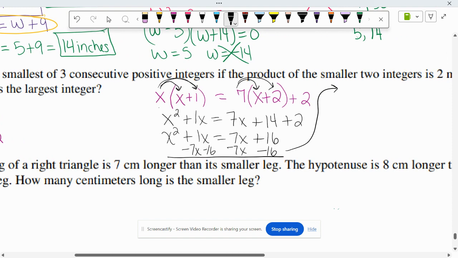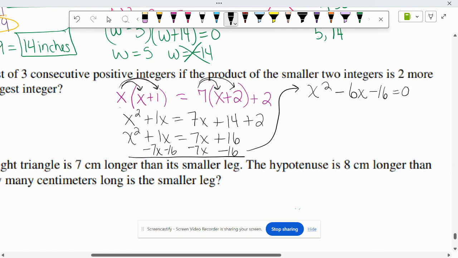Sure. Okay, thank you. So x squared, let's see, 1 minus 7 is minus 6, so negative 6x minus 16 equals 0. X squared minus 6x minus 16 equals 0. So what am I looking for when I factor?